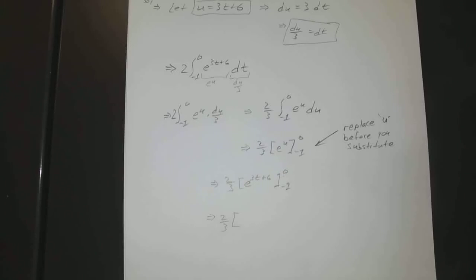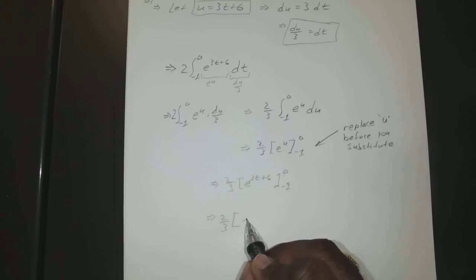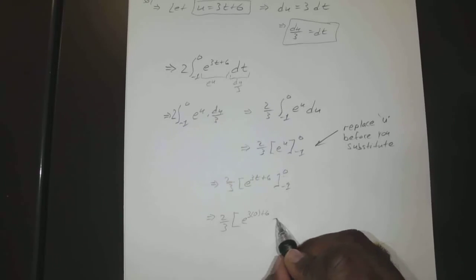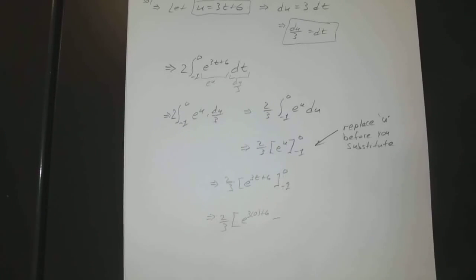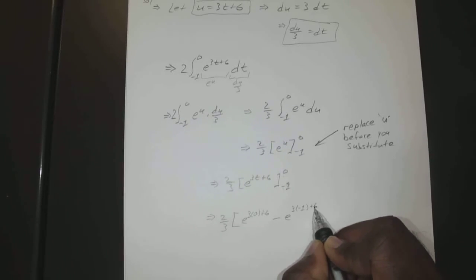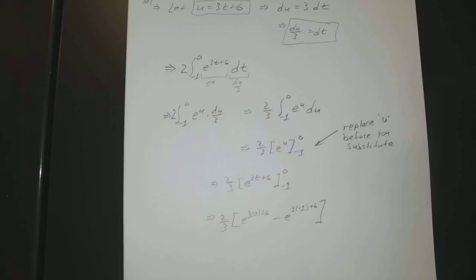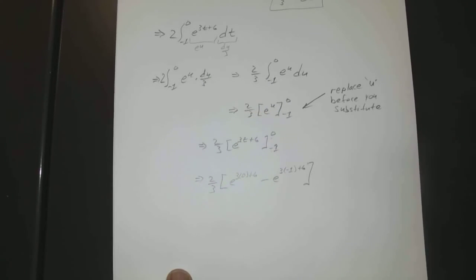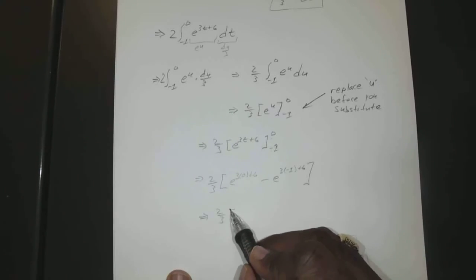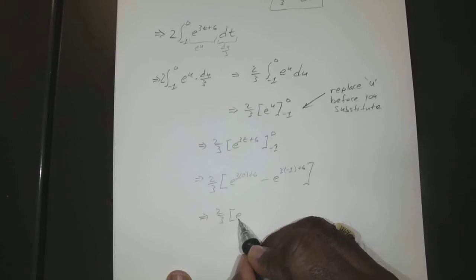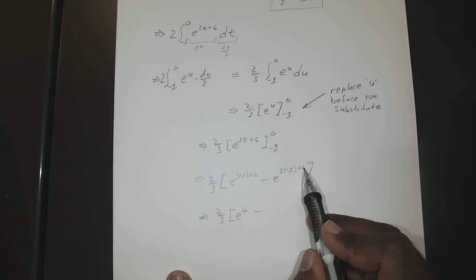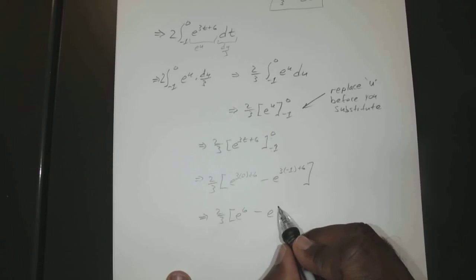If we plug in 0, we have e to the 3 times 0 plus 6, minus, we plug in our -1, e to the 3 times -1 plus 6. Which gives us 2/3 times e to the 6th minus e to the -3 plus 6, e to the 3rd.